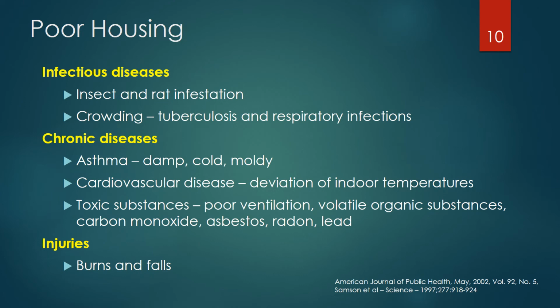Poor housing is also associated with chronic diseases, including asthma with damp, cold, and moldy environments, cardiovascular disease associated with large deviations of indoor temperatures, especially for the elderly, toxic substances associated with poor ventilation, including volatile organic substances from particle boards and floor coverings, carbon monoxide from substandard heating systems, asbestos and radon causing cancer, and lead associated with old paint, lead pipes, and deteriorating plastic blinds.